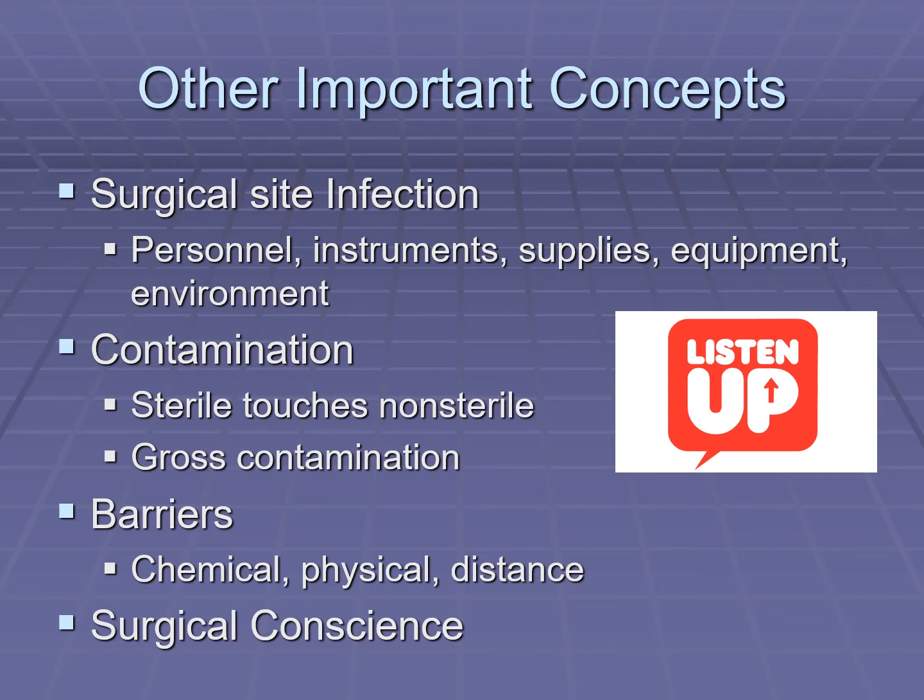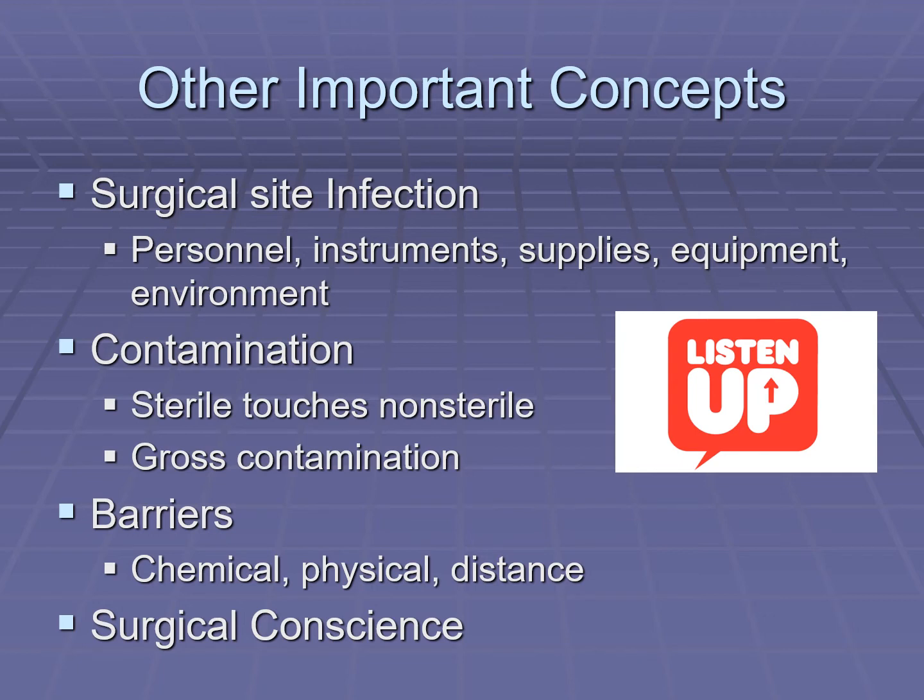If something is grossly contaminated, that means that there is a highly infective source, and that could be an example of a ruptured appendix, let's say, or some sort of ruptured abscess in the abdomen. It could be spilling of the contents inside the intestinal tract as well.